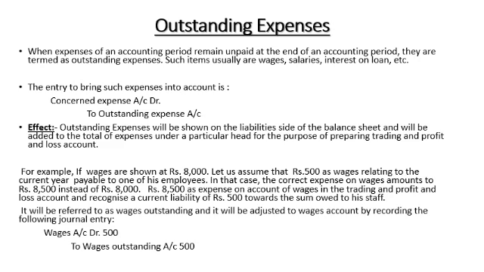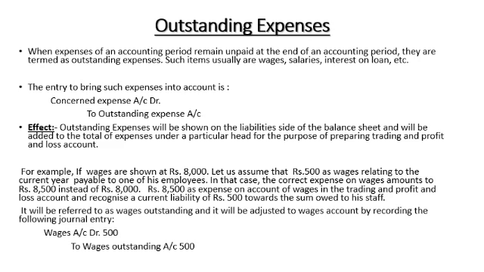So outstanding expenses refer to the liabilities and the concerned expense is increased in value. So what is the effect? Outstanding expenses will be shown on the liability side in the balance sheet and the value of expenses will be increased under the head of the trading account or the profit and loss account.